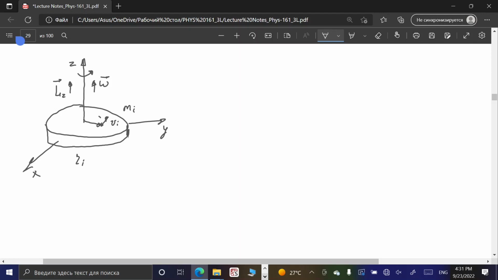So this will move along some circular trajectory.